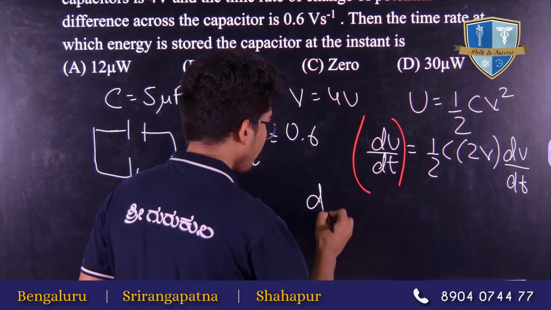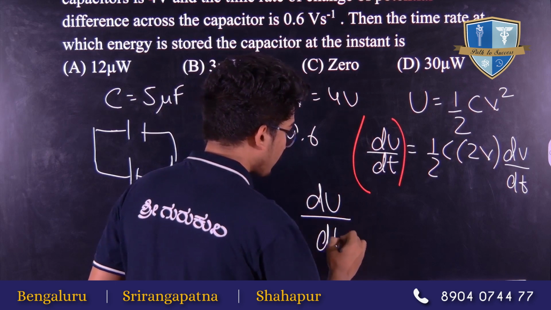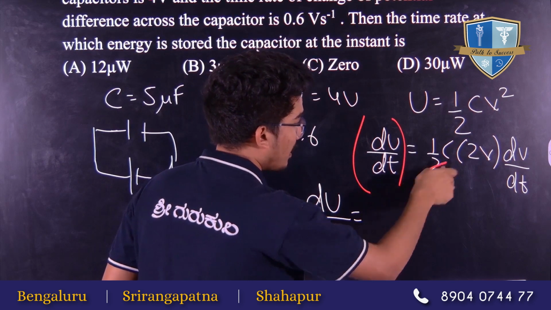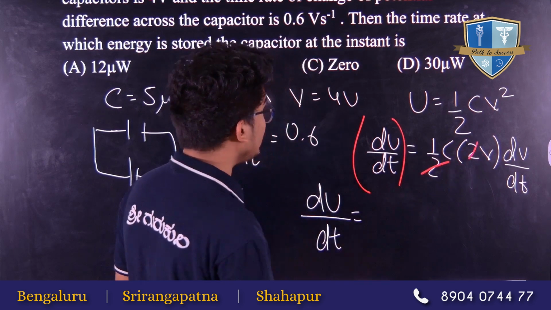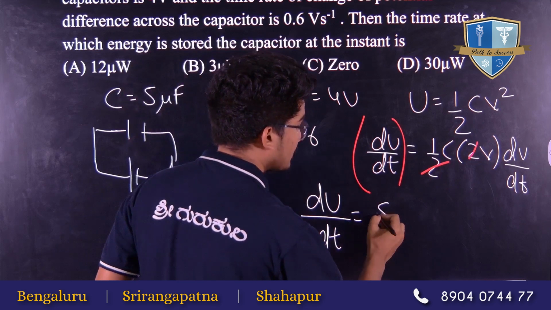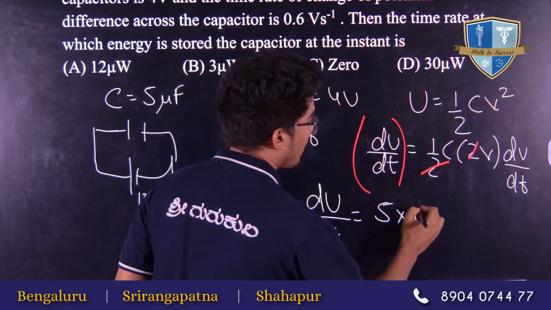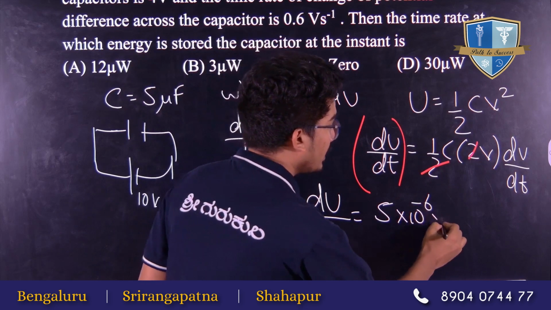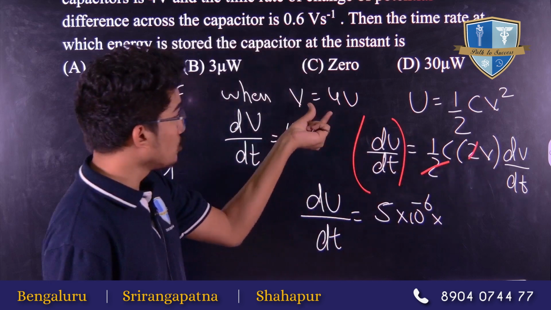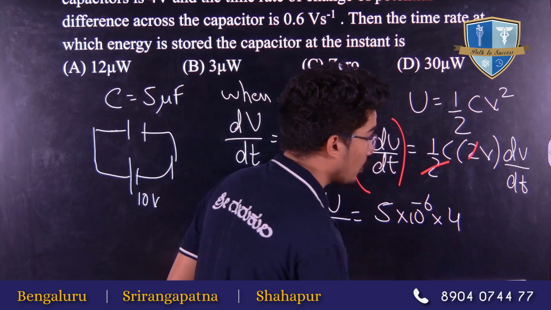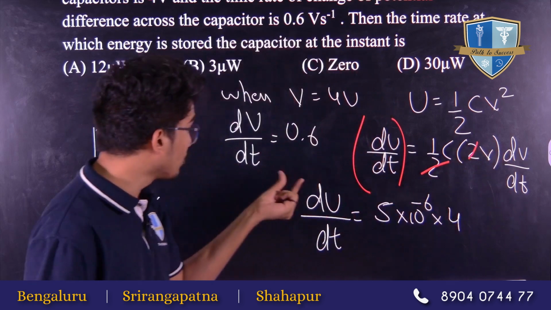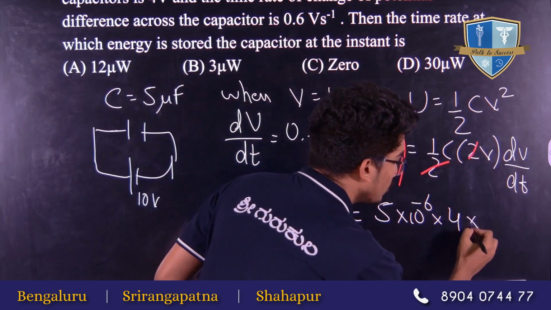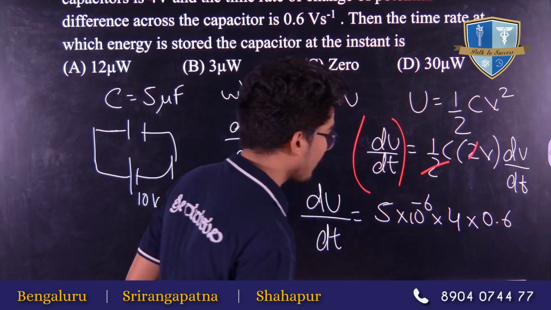So dU by dt is equal to, this 2 and 2 will cancel out. C is equal to 5 mu farad, means 5 into 10 to the power minus 6, into V equal to 4 volts. At that time dV by dt is equal to 0.6. So into 0.6. Correct?